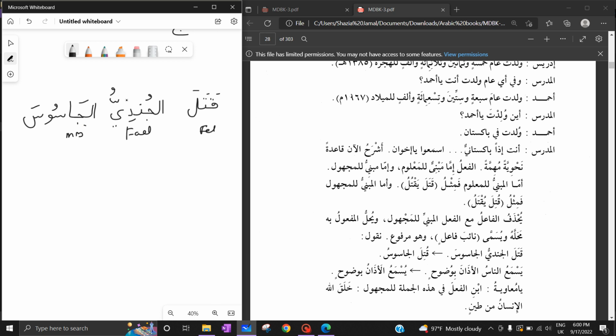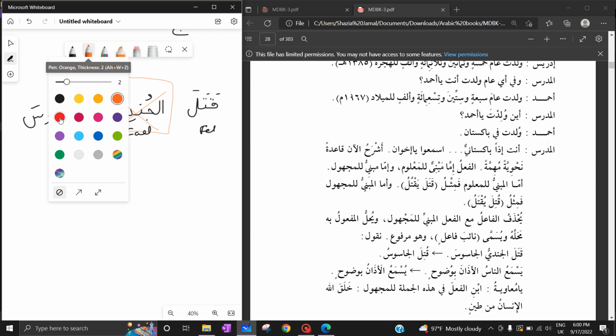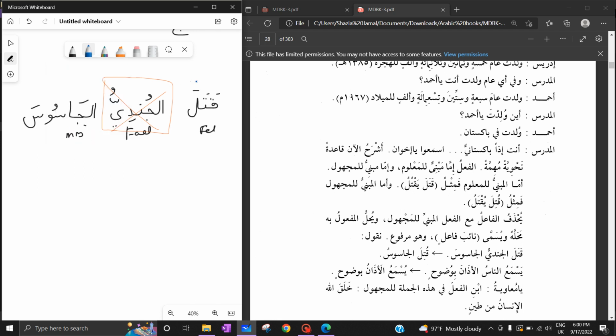What happens here? When you make it into majhul, the fail gets cancelled or removed, and the first letter gets a dhamma and the second last letter gets a kasra. So what do we have here? Qaf, ta, la. Qu, then the second last letter will have a kasra. Qutila.